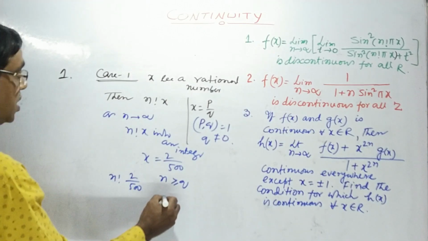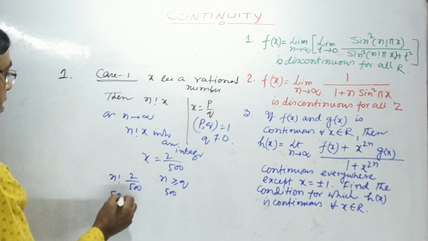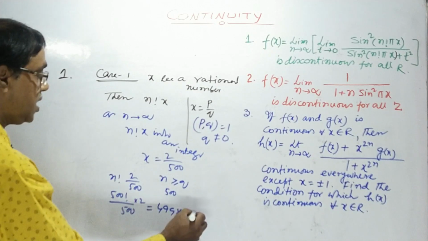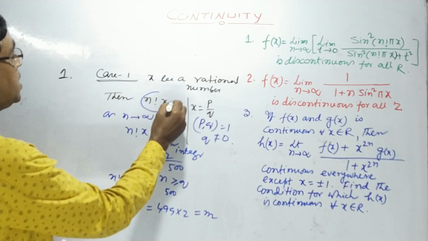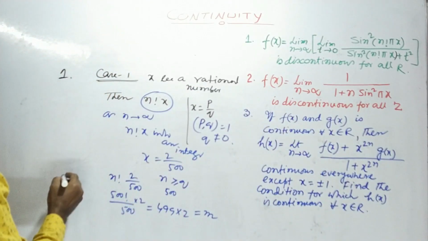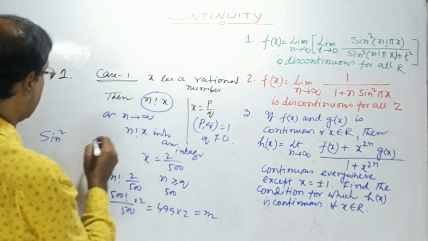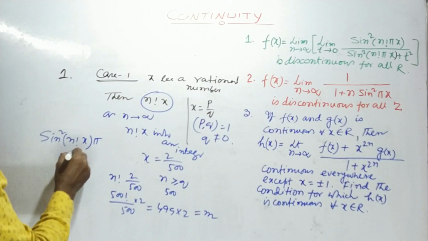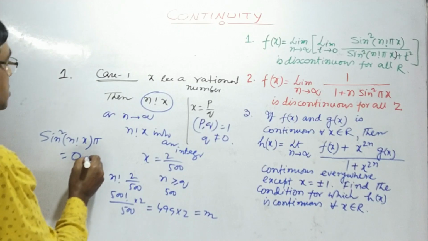If we choose n greater than or equal to q, suppose n equals 500, then 500 factorial by 500 into 2 is an integer. So n factorial x is an integer in this case. Therefore sin square (n factorial x pi) must be 0, an integral multiple of pi, so it is 0.